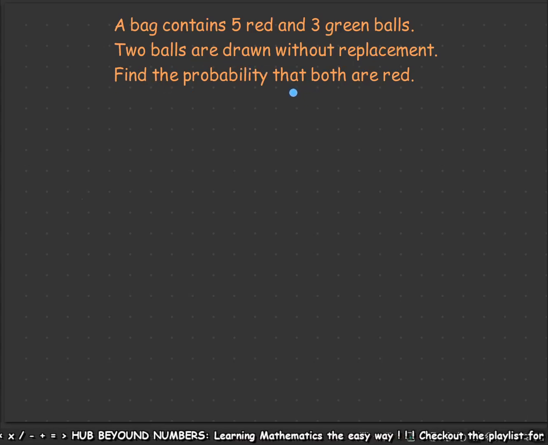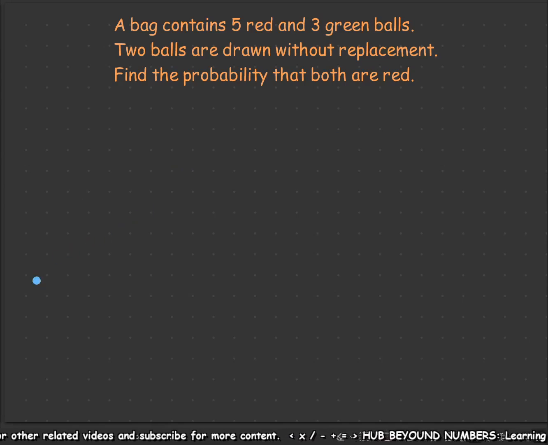This simply means if we pick a ball, we don't put it back, and this will always be altering the total number of balls in the basket each time. The question is to find the probability that both are red.